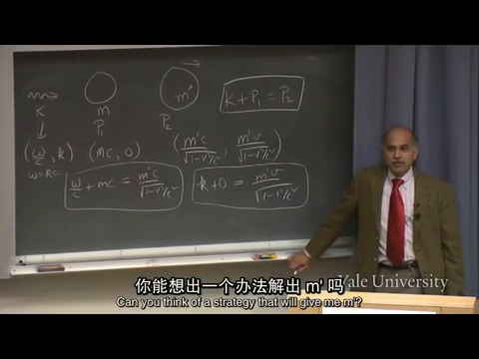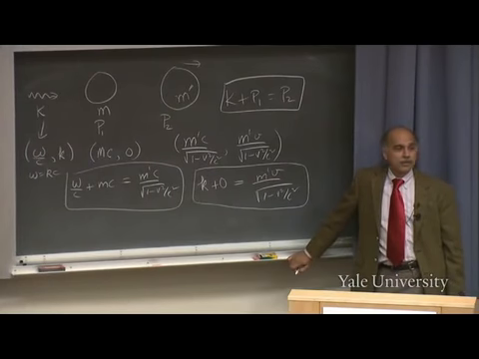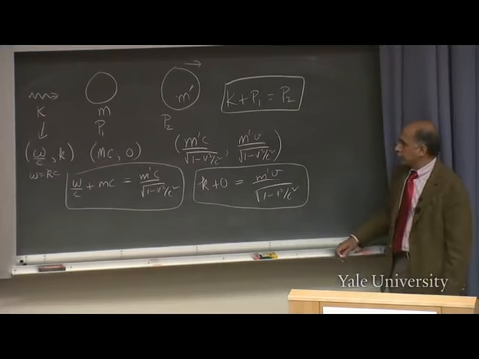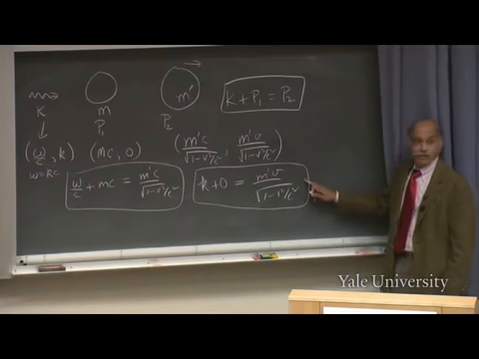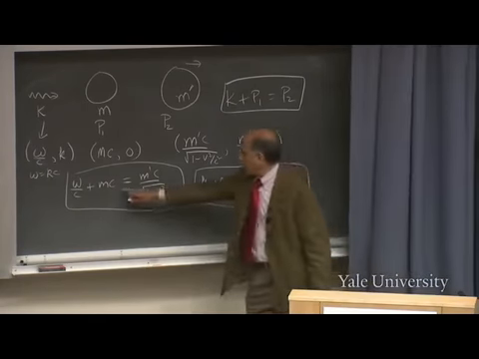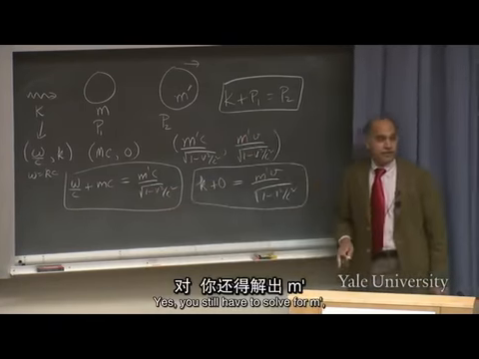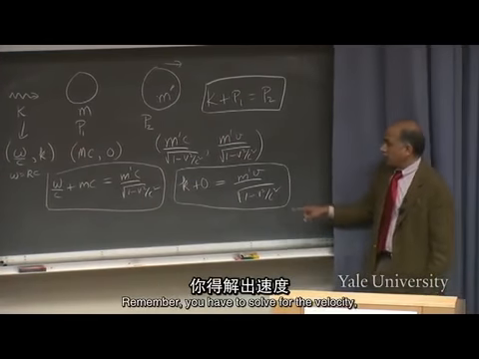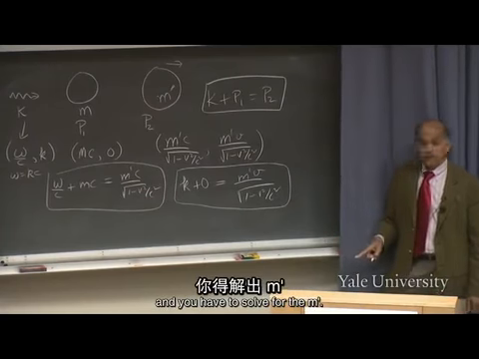Can you think of a strategy that will give me m prime? Yes? You said k equals the right side of that equation. To the first one? Into this one here? Yeah. You still have to solve for m prime, and you also don't know the velocity here. Remember, you have to solve for the velocity, and you have to solve for m prime.